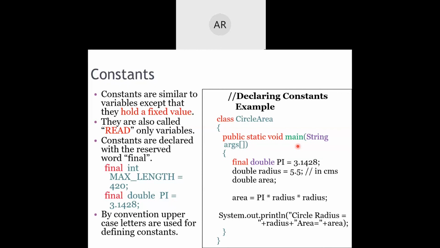So what is the type of the variable pi? Is it a local variable, an instance variable, or a static variable?